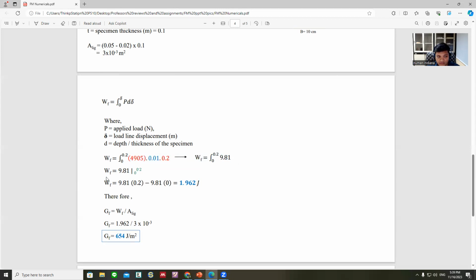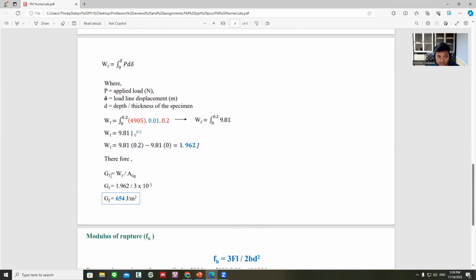So you calculate this, you do the integration, which is 9.81 into the upper limit minus 9.81 into the lower limit. So WF is equal to this much joules.